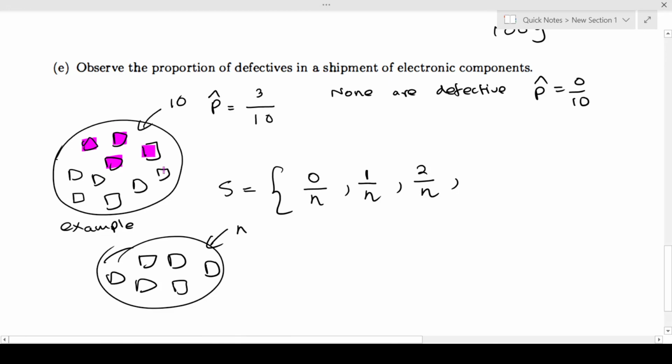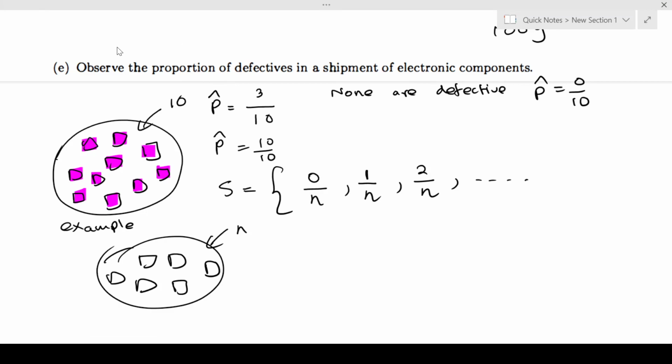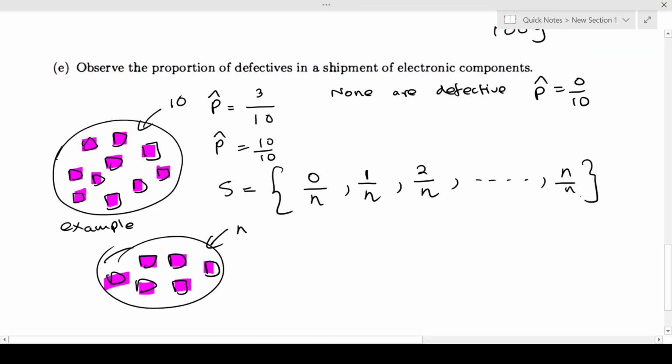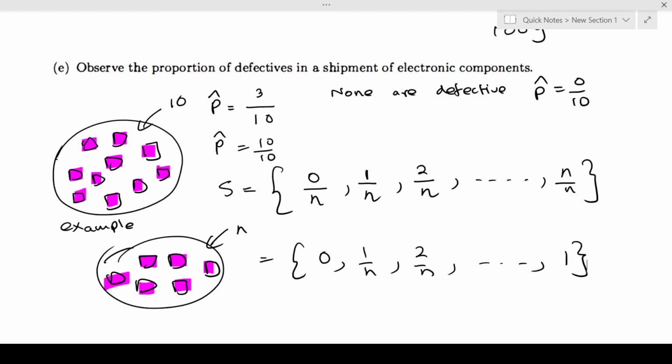So for this example, p hat would be 10 over 10. Generalizing, when there are n items and all n are defective, the proportion would be n over n. So the sample space starts at 0, then 1 over n, 2 over n, up to 1. This is your sample space, in other words all possible outcomes of the random variable.